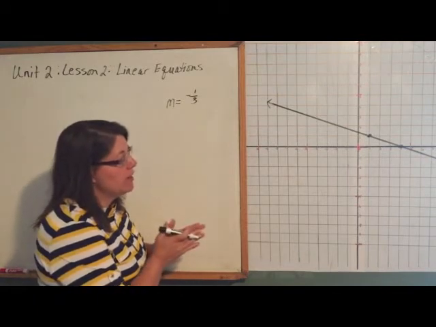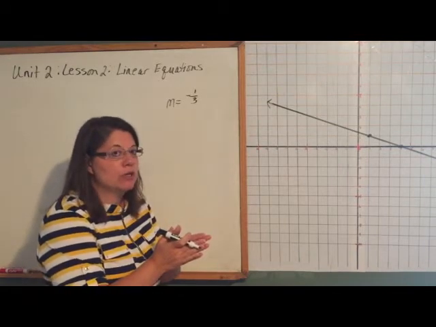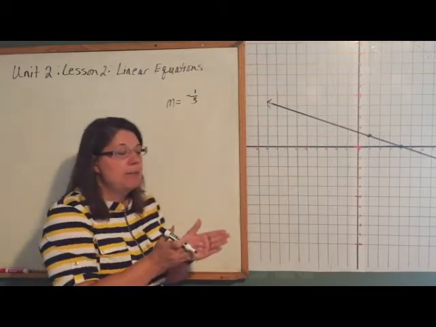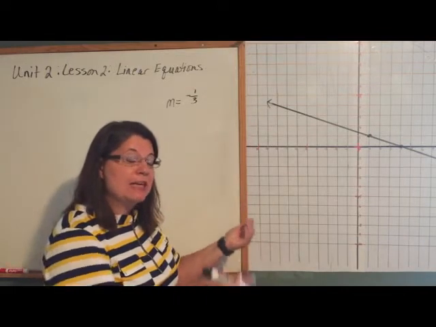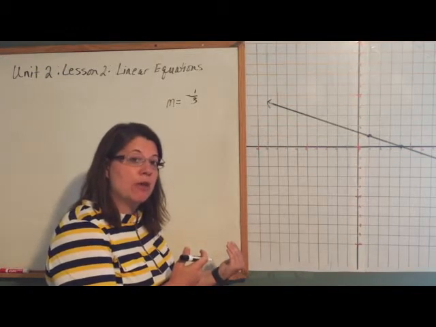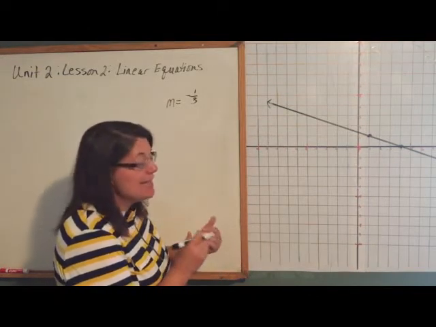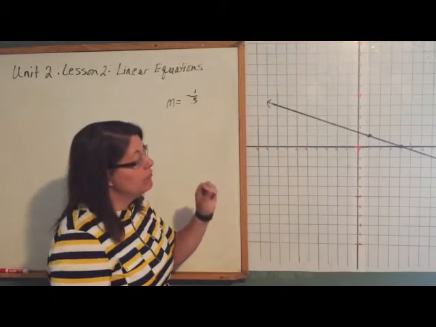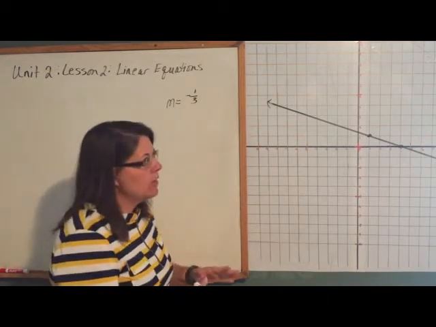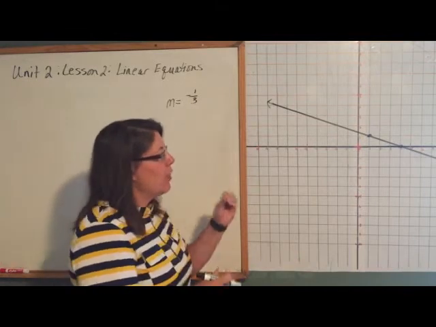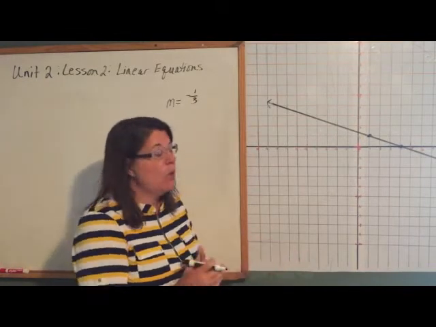Then if I want to find the slope-intercept form of that equation, I could find it real simply by using one of those points, putting it in point-slope form, and then converting it to slope-intercept form. Really, that's the only way to be able to find slope-intercept form here. Well, it's not the only way. I'll show you two ways to do it. It's probably the easiest way, and I'll show you why in just a minute.